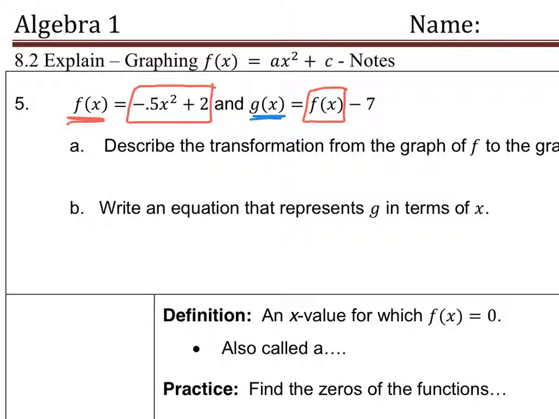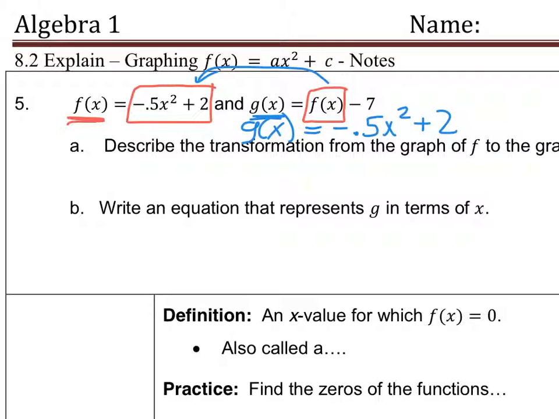So let's just rewrite function g. Our g of x, instead of f of x, because that's not going to go in our calculator, we need to actually put this whole f of x equation. So we got -0.5x squared plus 2.